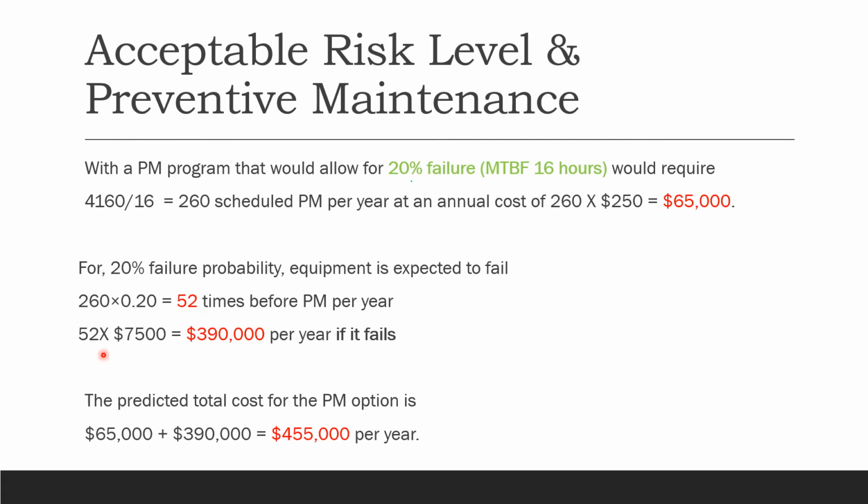So 52 times $7,500 will cost you $390,000 per year. If you didn't do the preventive maintenance routine and let the system run at 20% and fix it only when it fails, it will cost you $390,000 because every time the system fails, you have to pay $7,500.